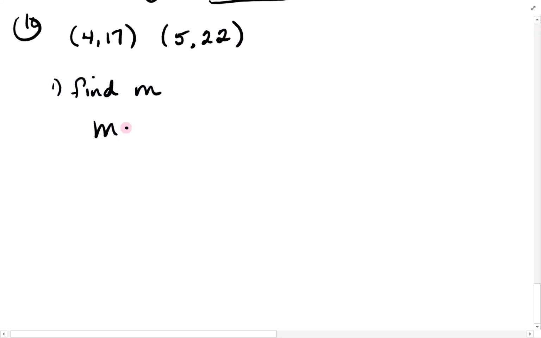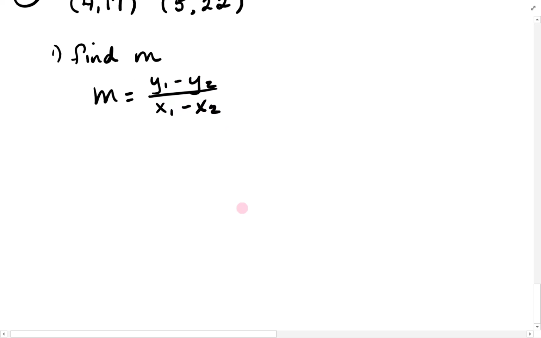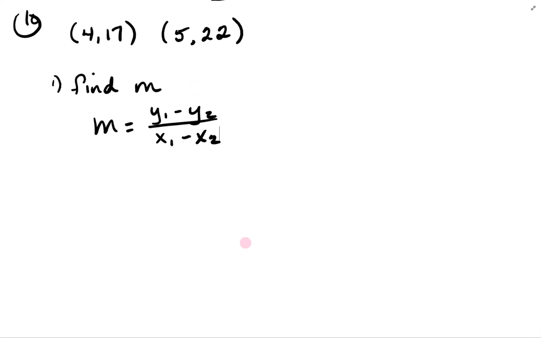The slope formula is y1 minus y2 over x1 minus x2, although you might have used it with y2 minus y1 and x2 minus x1, it does not matter. The y's are getting subtracted on the top, the x's are getting subtracted on the bottom.